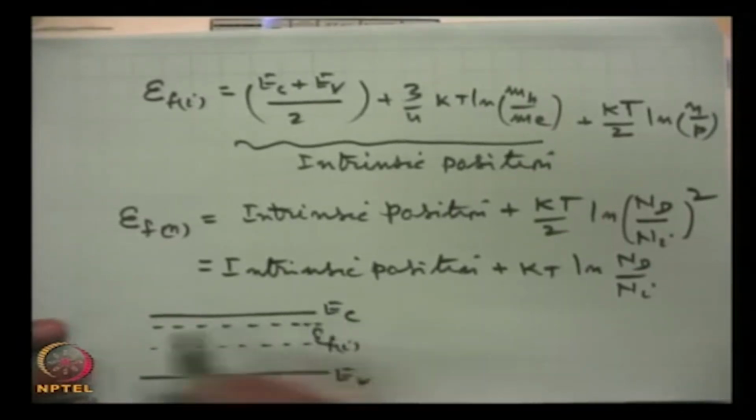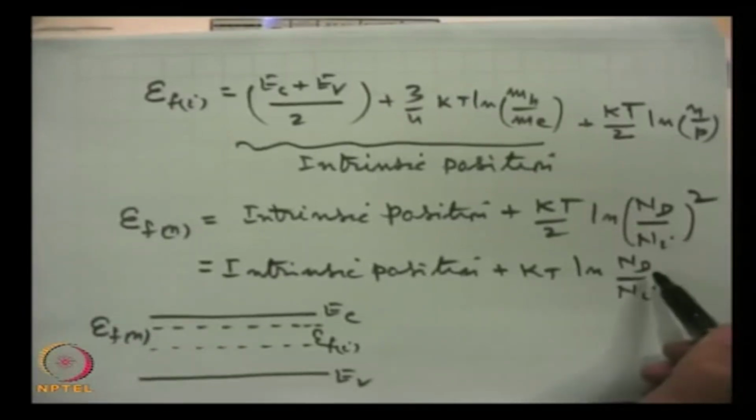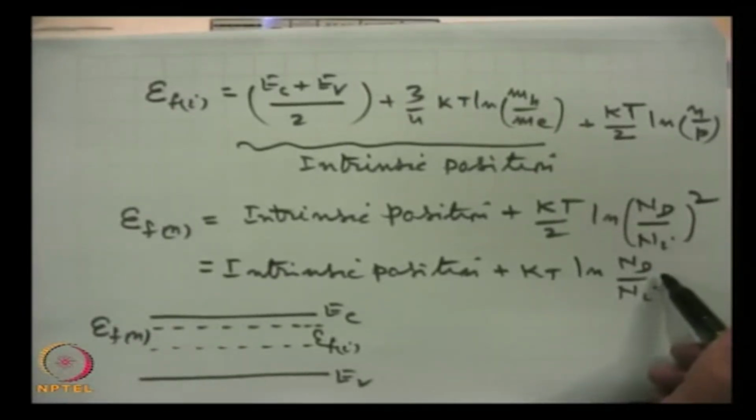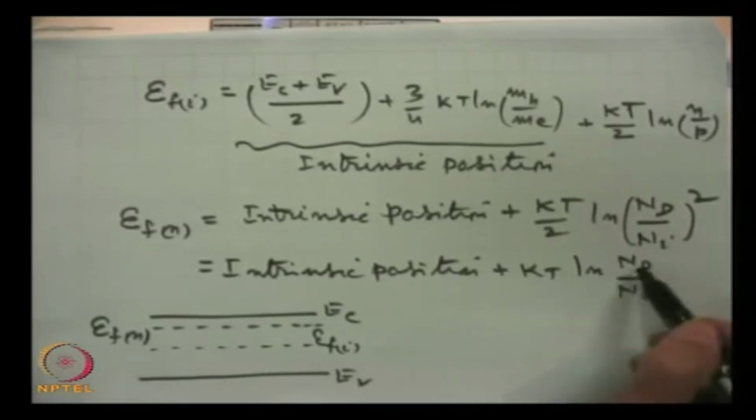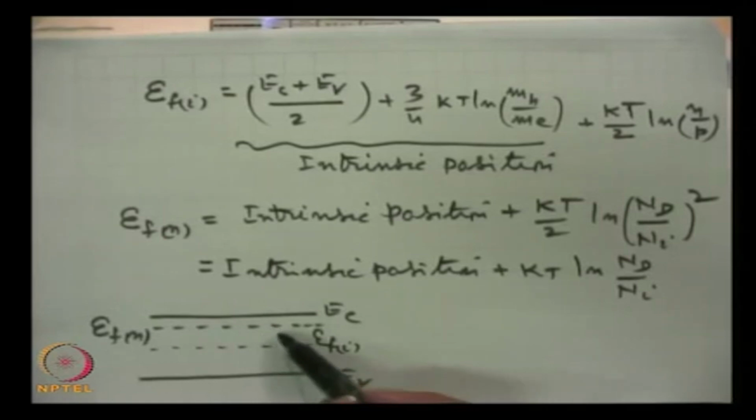This is the Fermi energy for N material. As we increase the doping concentration of the n-type impurity, it will move more and more towards the conduction band edge.